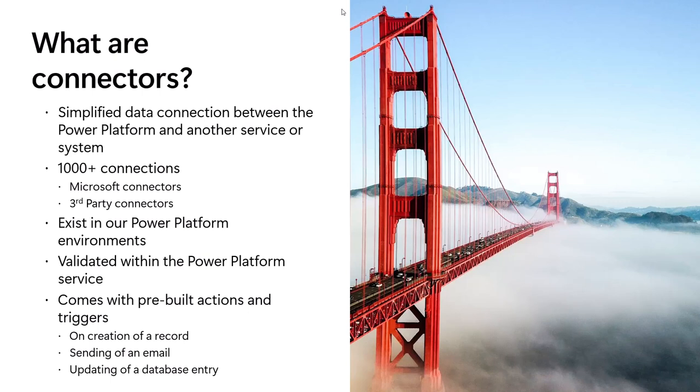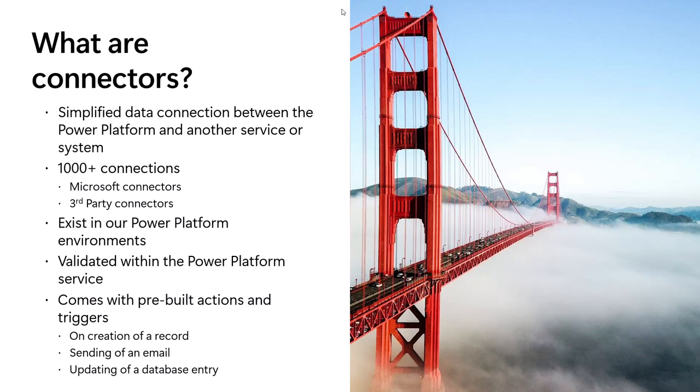To this end, there are over 1,000 pre-built connections that are available to us within our Power Platform environments. And these are both connections to Microsoft services as well as third-party services. Pre-built connections are special because they've been validated within the Power Platform service. And that means that we can rely on both their triggers and their actions because they've been tested.